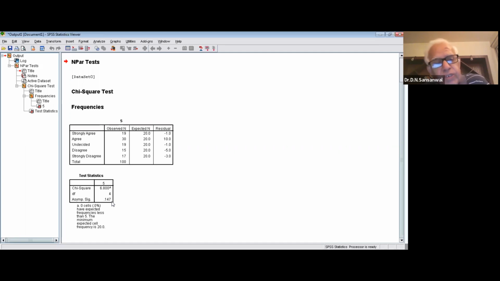It is more than 5%. That means this chi-square is not significant. And if chi-square is not significant, that means your observed frequencies do not differ from the expected frequencies. So this will be the finding over here.